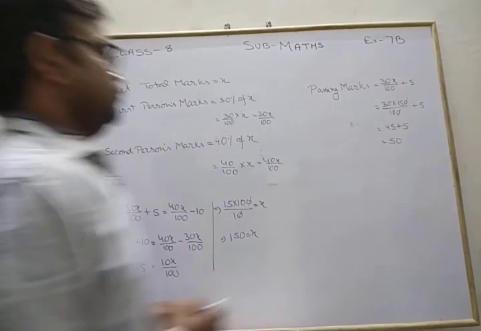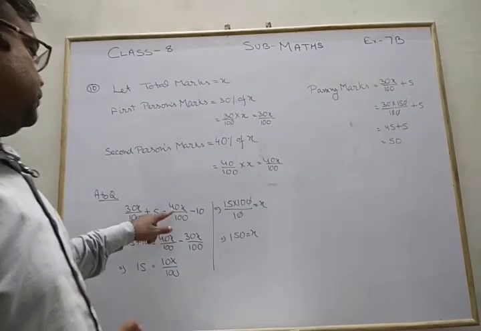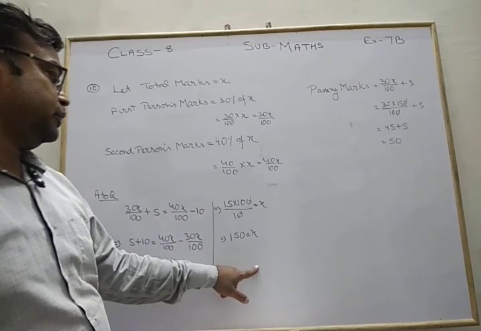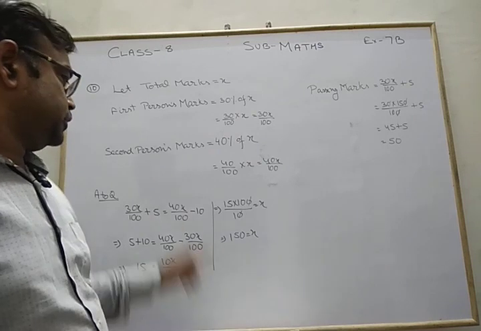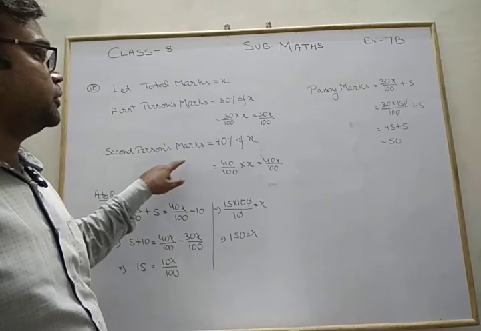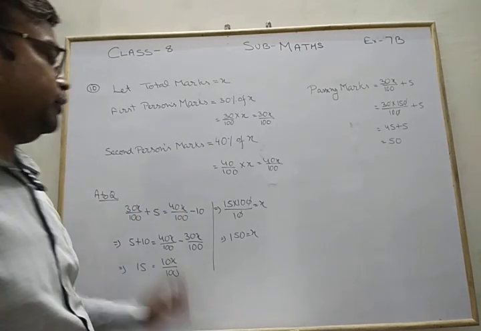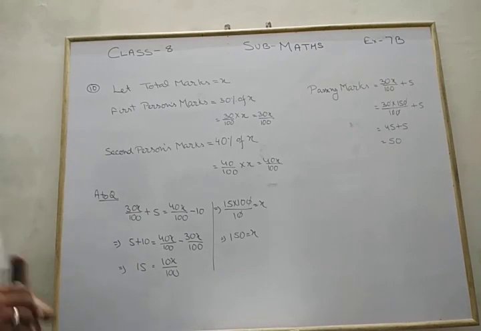So 50. 50 is your passing marks. That person says 40% of 150, so 40 upon 100, 60. This person gets 60 and that person gets 30%, that is 45. So 5 and 10. So this is your answer of question number 10.